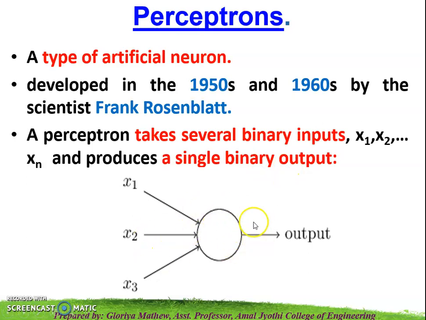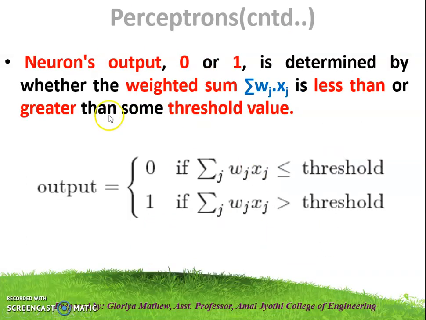So, what is the perceptron? A single perceptron is indicated in this figure. x1, x2, x3 are the different binary inputs, and it will produce a single binary output. The neuron's output, 0 or 1, is determined by whether the weighted sum, that is sigma wj xj, is less than or greater than some threshold value.